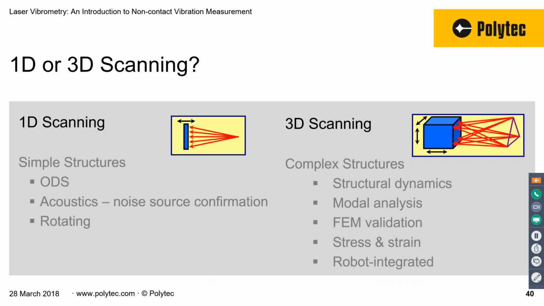So we've got a 1D system. We have 1D systems that can be upgraded to 3D systems, so 3D ready 1D systems. And 1D systems are used for operating deflection shapes, acoustics, rotating structures. And when you move to the 3D systems, you're talking about more complete, sophisticated data for doing modal analysis, FEM validations, stress strain calculations, and so on.